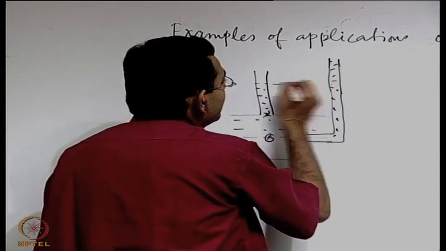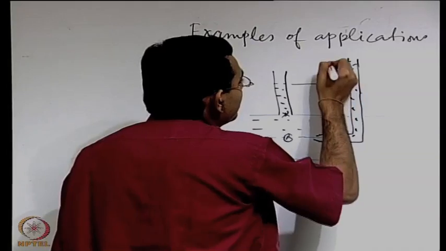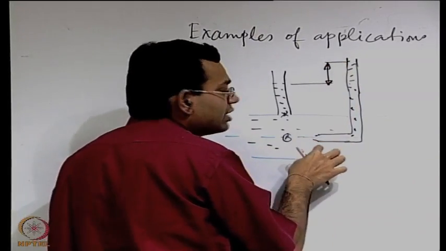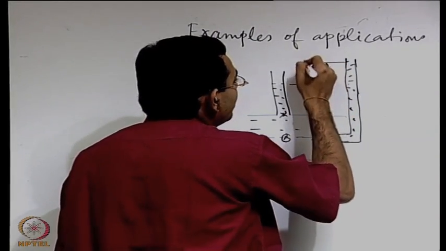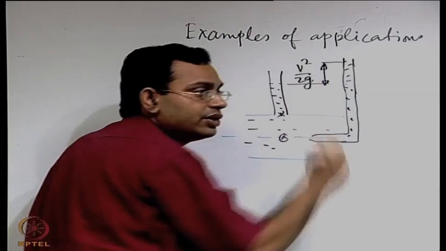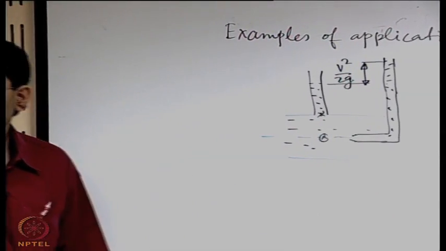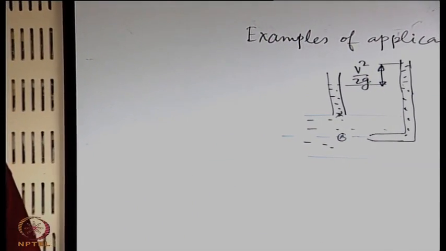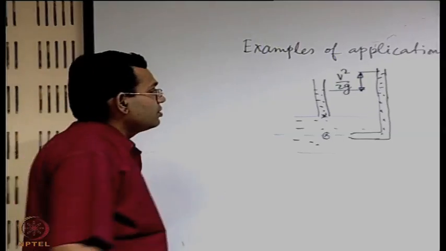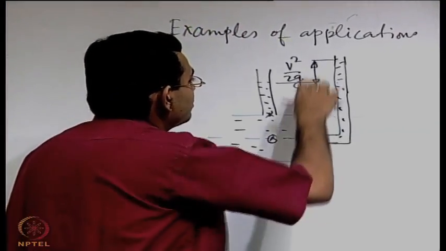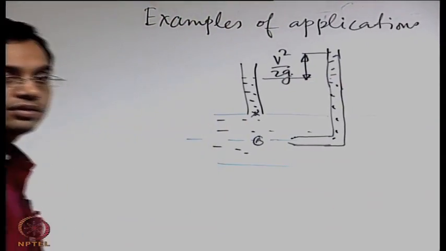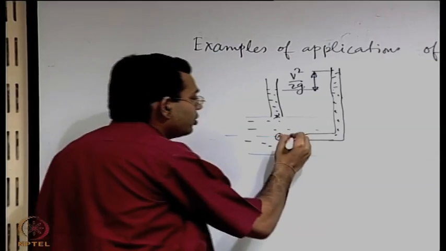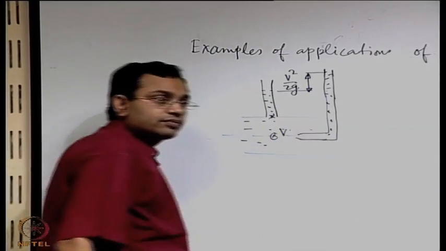and the difference between these two heights, if these points are very close to each other and the pressures are almost the same, is just v square by 2g. So from this principle, v is the velocity of flow at this point.